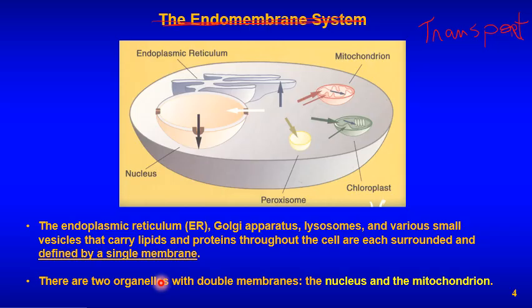So here, there are 2 organelles with double membranes, actually 3 if you consider the chloroplast, but I tend to stick to animal cells. Right? So there are 2 membrane-enclosed organelles in which you find double membranes. Or okay, 3, let me correct that. So 3. So you have your nucleus, you have your mitochondrion, and you also have the chloroplast.